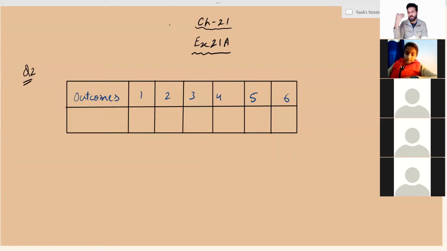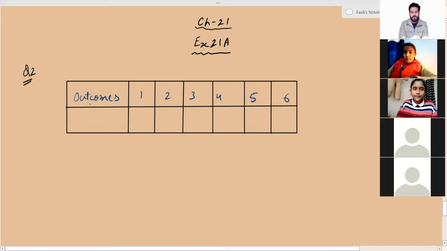That means the data was collected, information was collected, and the data was formed. In the first attempt, the number 5 came. Second time when we throw the die, the number 2 came. Third time, the number 1, then 3, then 4, then 4, then 5, then 6, and so on. So these numbers appeared on throwing the die again and again 20 times. So these were the outcomes.